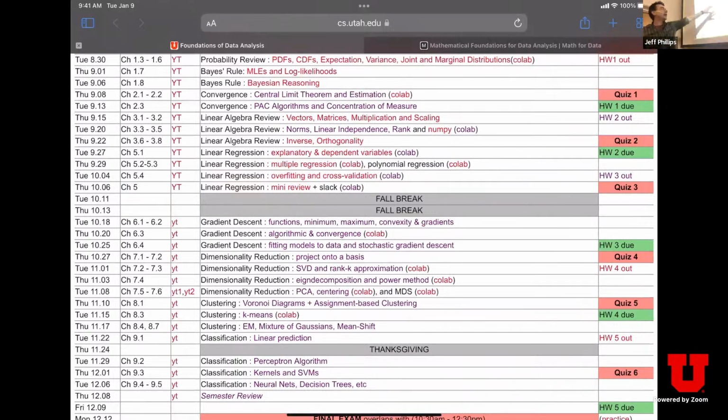When we talk about classification towards the end of the semester, we will again use gradient descent. We won't go through all of the mechanics again. We'll just say, okay, here are the properties you need to run gradient descent, and we'll set them up in this case.